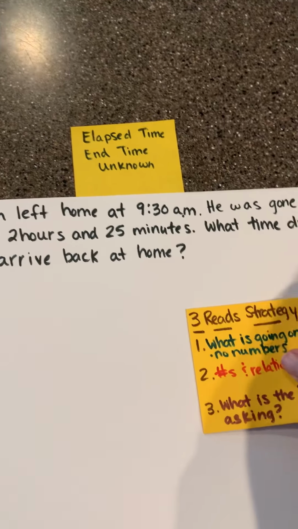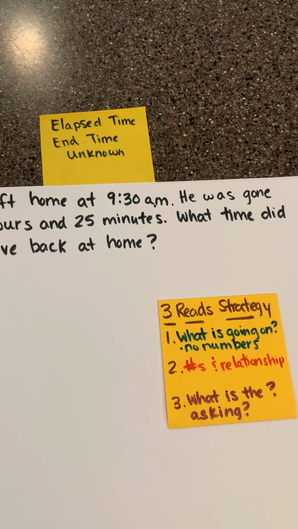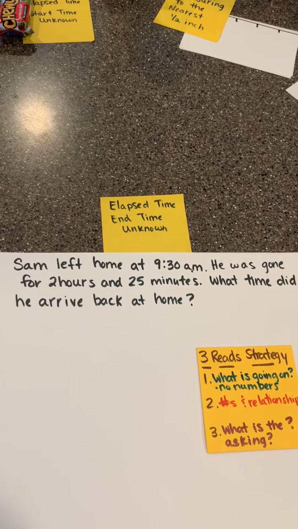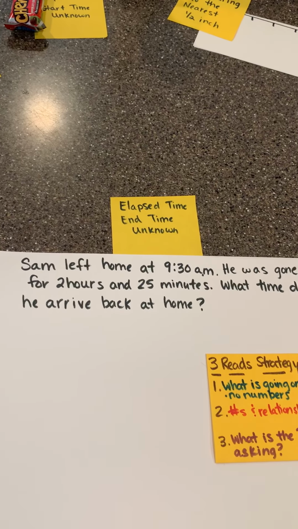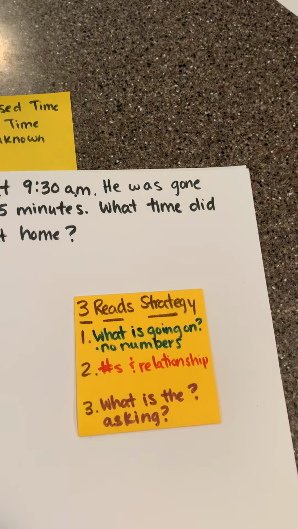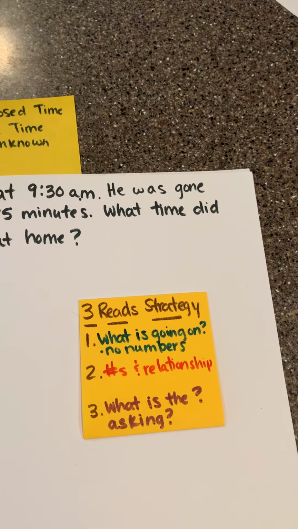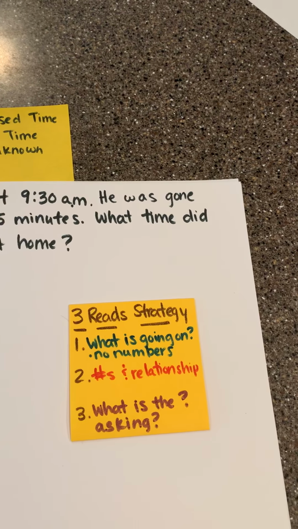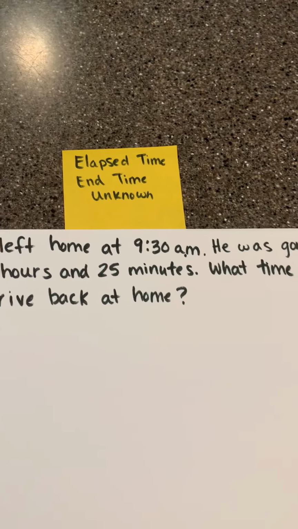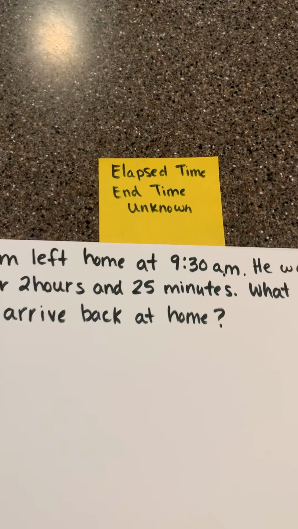If I look at my 3-read strategy, I just want to focus on what's going on, no numbers. When I look here, I see that Sam left home, he was gone, and he came back. So Sam was home, he left, and he came back. That answers number 1, what's going on. I did not use any numbers. Number 2, I want to focus in on the relationships and the numbers. This is a point where I start either drawing or writing information out.